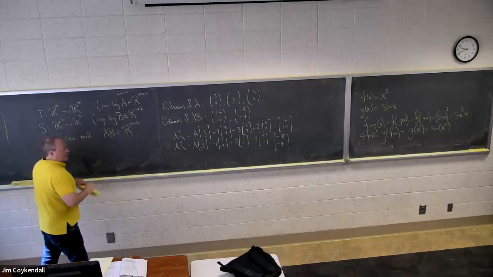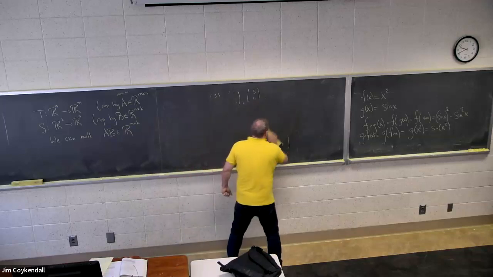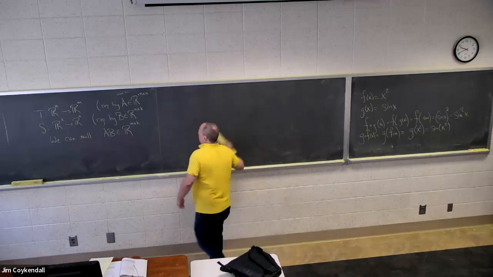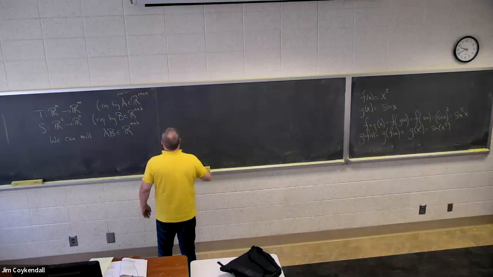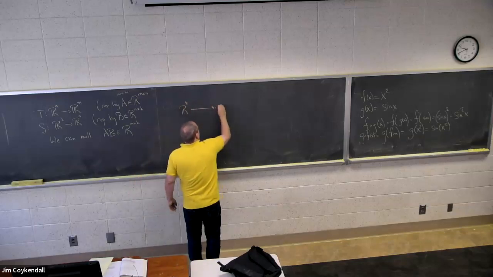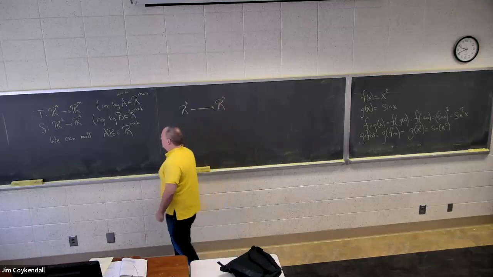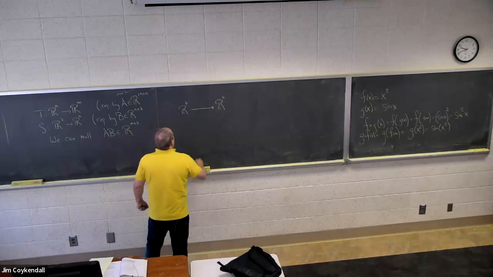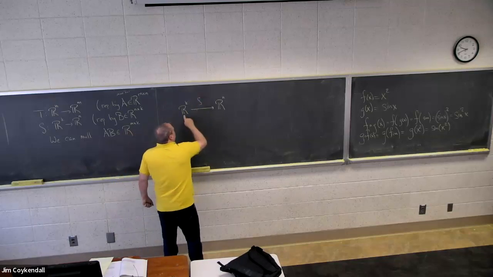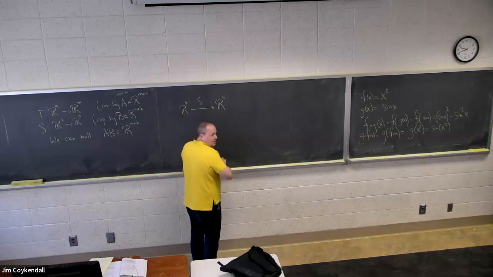So what does this have to do with linear transformations? Well, here's what's happened. S takes an input vector from Rk and spits out something in Rn.